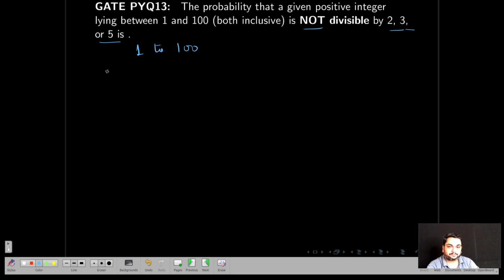Now, let us say A is the event of being divisible by 2, B is the event which is divisible by 3, and C is the event which is divisible by 5. Okay, understand it: divisible by 2, 3 or 5, A, B, C respectively.